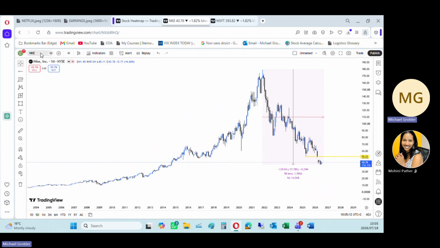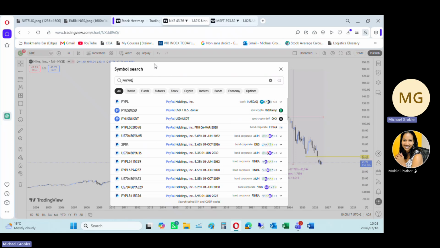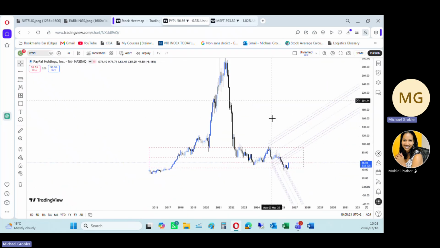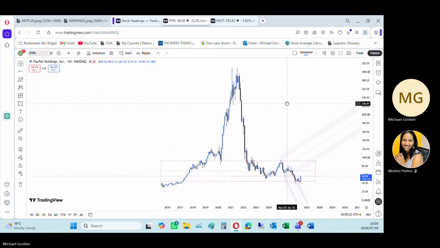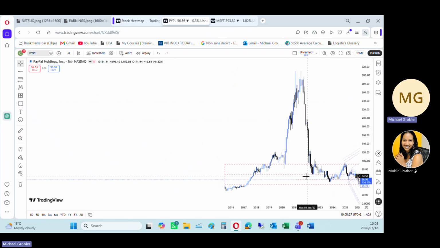I'll give you a perfectly good example. This one happens to not be on your wish list because it's just too small now after being totally annihilated. But this is PayPal. Now look at this glorious trading experience over the years. What has happened to this poor thing? Okay. So back in the day, like 10 years ago, it was the greatest thing ever made.